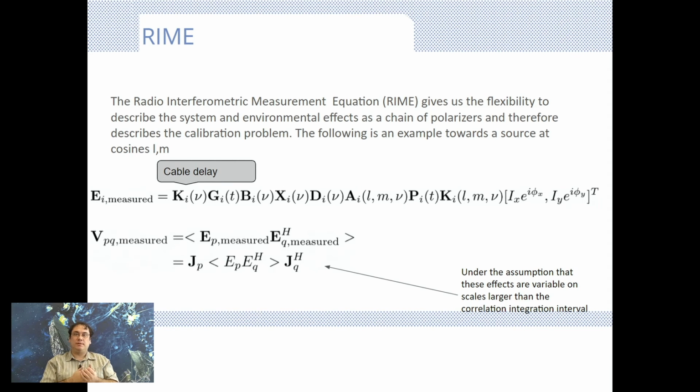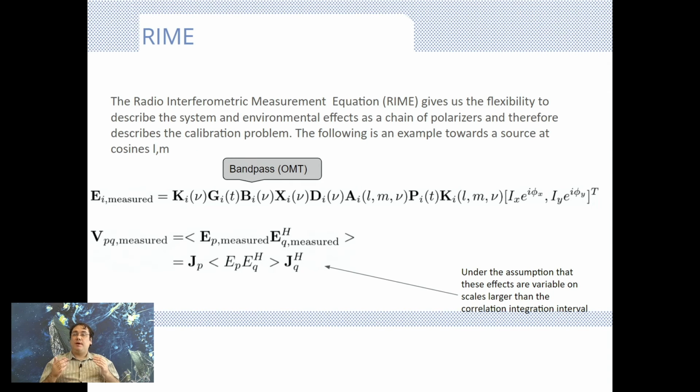As we visually illustrated before, we have a cable delay term, right? This can be given by a phasor Jones matrix. Then we can have a gain term, which is temporally variable, right? Phases can change due to both the systematics and things like the ionosphere and so forth.